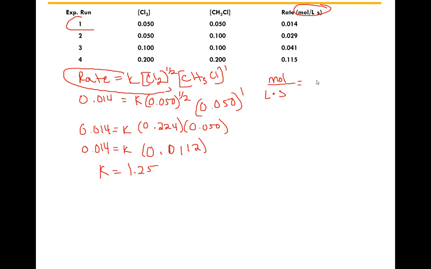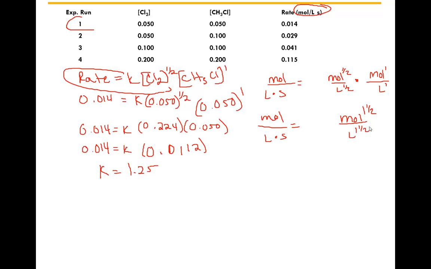So that means we have to have some units of K to equal moles per liter to the 1/2, and moles per liter to the first power. So that means that's going to be moles to the 1 1/2, liters to the 1 1/2. And it has to come out to be moles per liter per second. Well, I need to get rid of one of these halves, so liters to the 1/2.